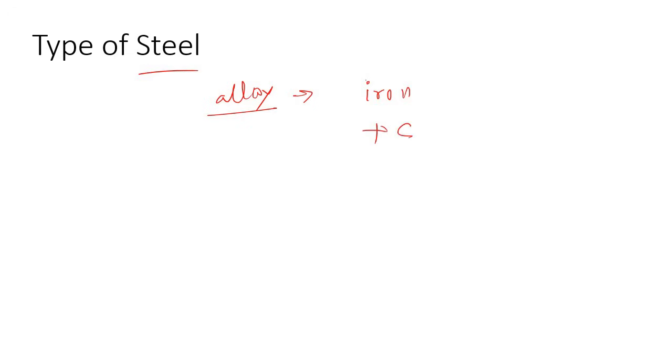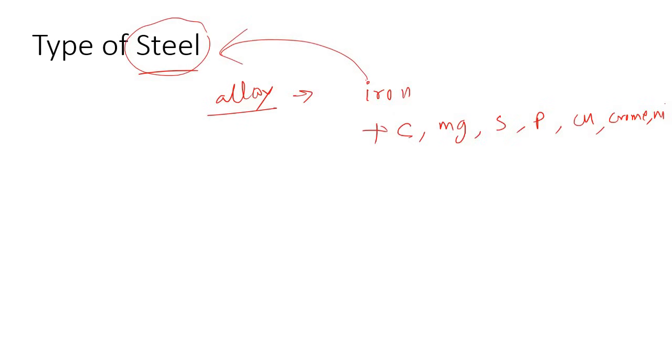For example, you can add carbon, manganese, sulfur, phosphorus, copper, chrome and nickel. Based on your requirement, you add these elements and you get your desired steel from the iron, right? So what will happen if I add all of these materials one by one? What will happen to our desired steel?